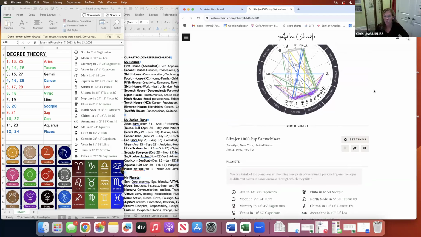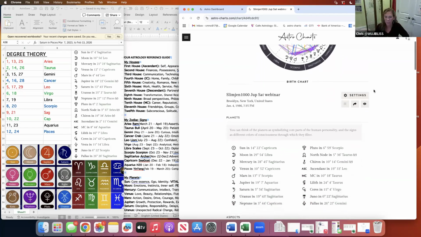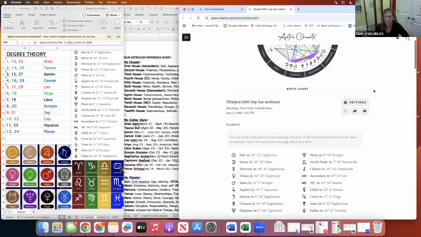It looks like your Jupiter is in direct opposition to your ascendant in Leo. Ascendant in Leo, let me confirm. Your ascendant in Leo is at 19 degrees. Jupiter is in Aquarius at 19 degrees.